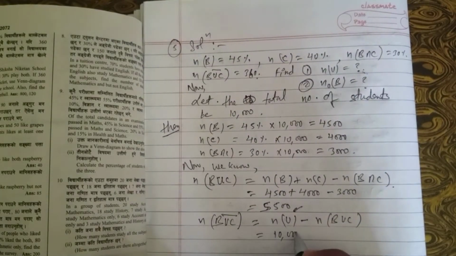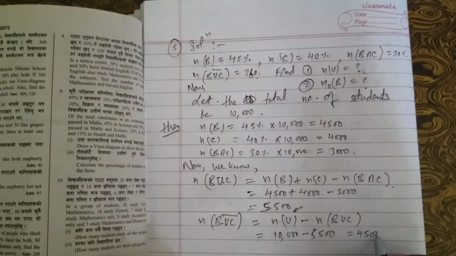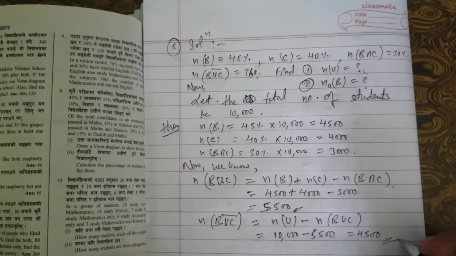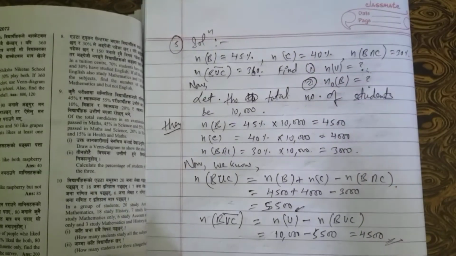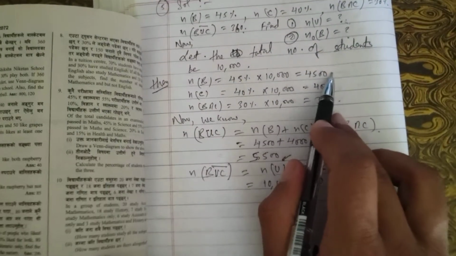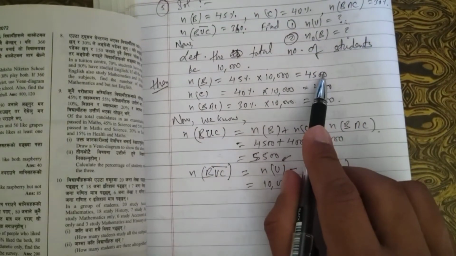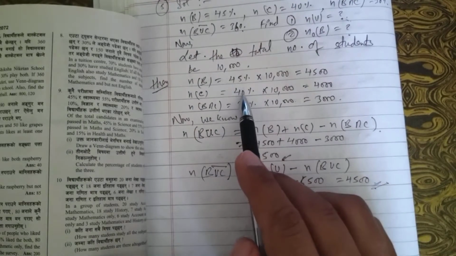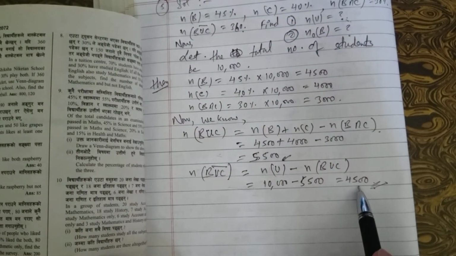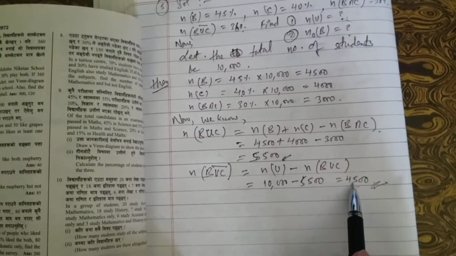So 10,000 minus 5,500 will give us 4,500. Since this is in thousands, in 10,000, 45% of 10,000 is 4,500, and 40% of 10,000 is 4,000.